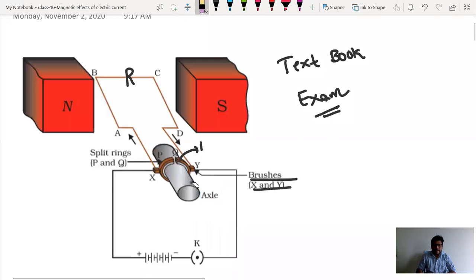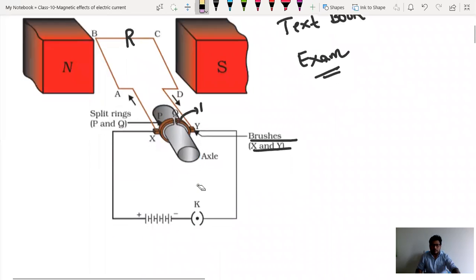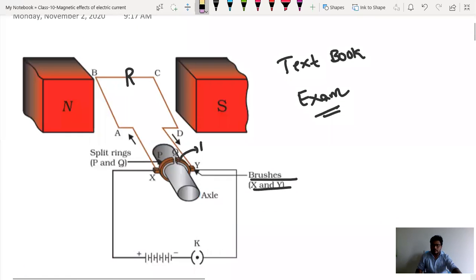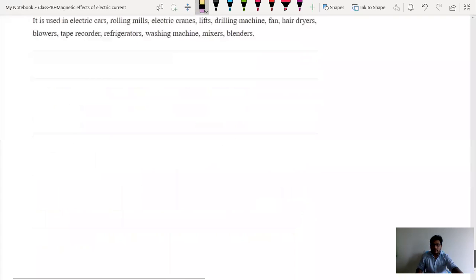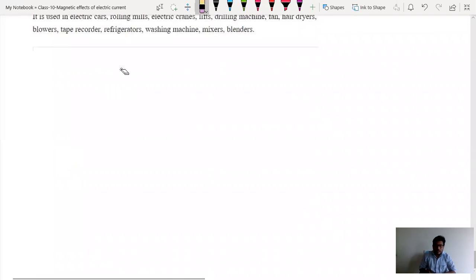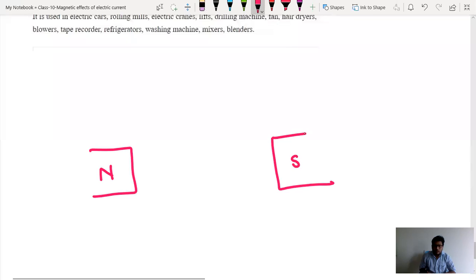So how to draw this diagram? I'll explain to you. First, you need to draw two magnets, indicating north and south, the two poles of a magnet.